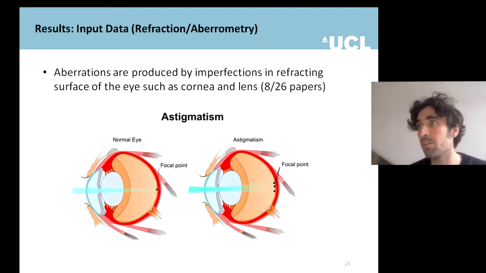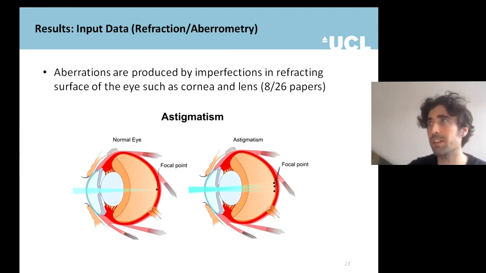An example of a simple aberration is an astigmatism, which is essentially where the light is scattered randomly onto the back of the retina, whereas in a normal eye, it's supposed to be focusing nicely on the back. There's many different kinds of aberrations. I'm not going to go into them, but it's just an idea of the types of data that people look at for diagnosing or detecting keratoconus.